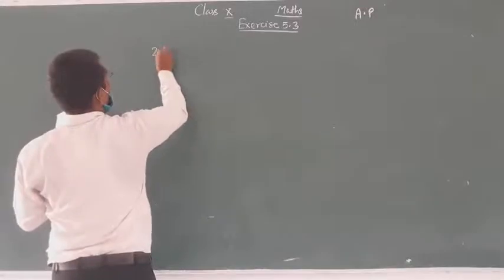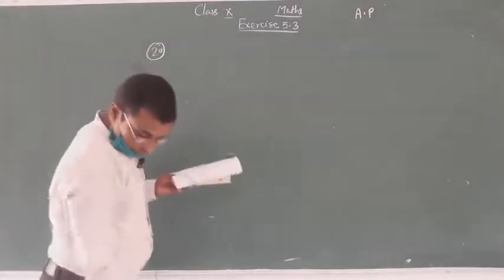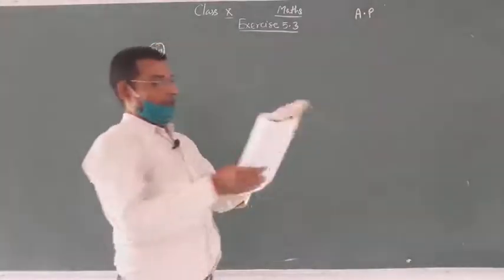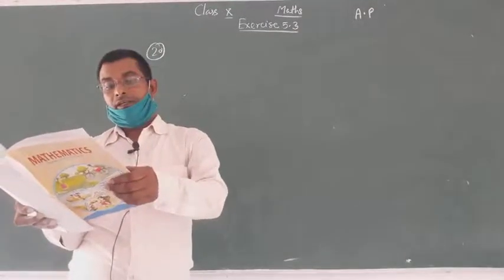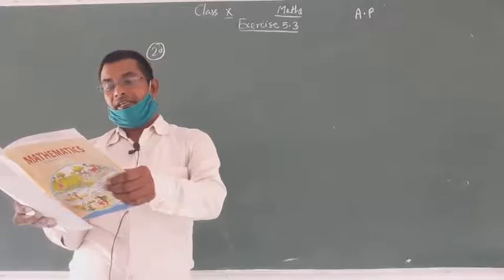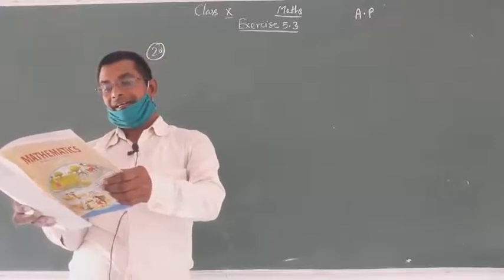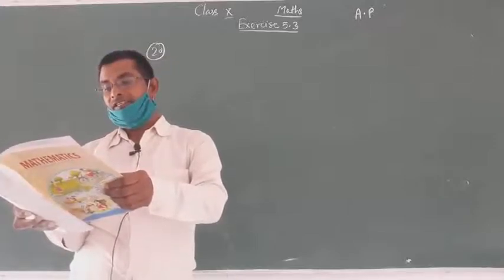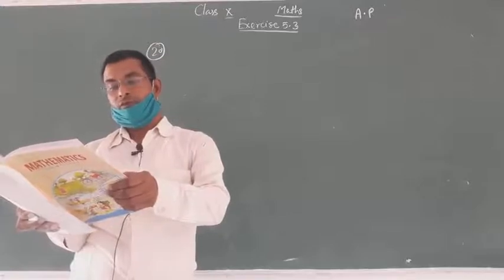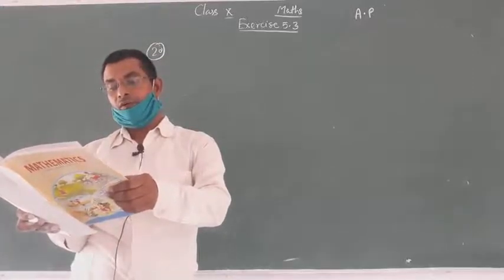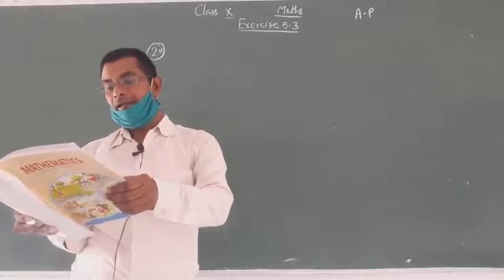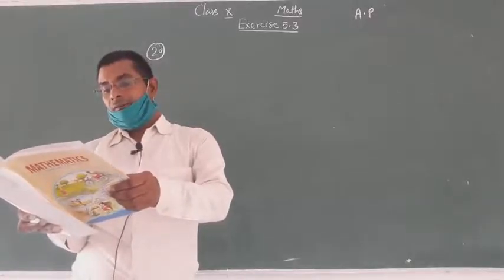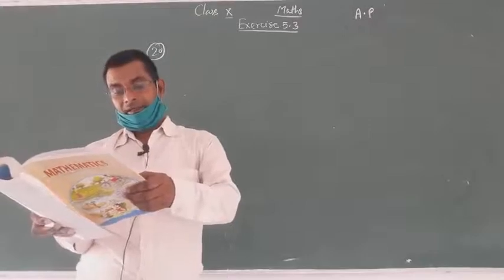Question number 20. Now look, question number 20. In a potato race, a bucket is placed at the starting point, which is 5 m from the first potato, and the other potatoes are placed 3 m apart in a straight line. There are 10 potatoes in the line.